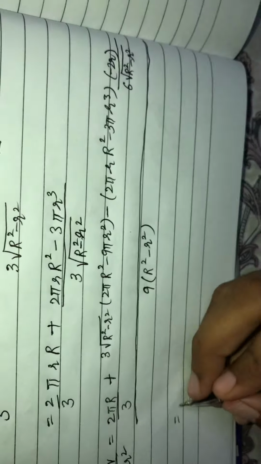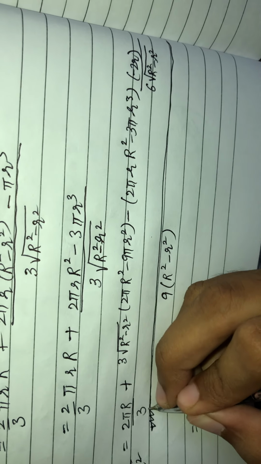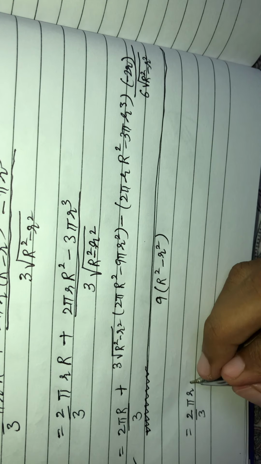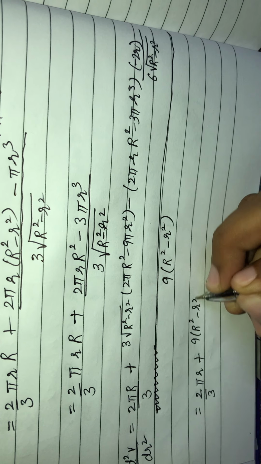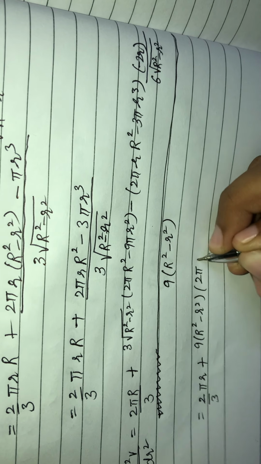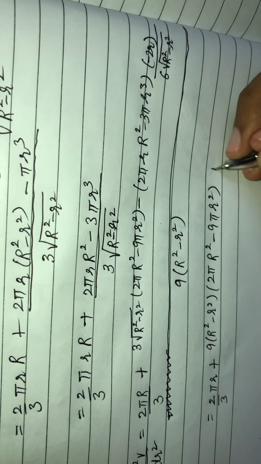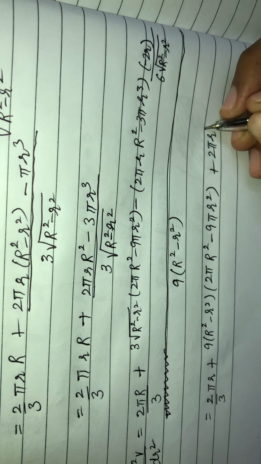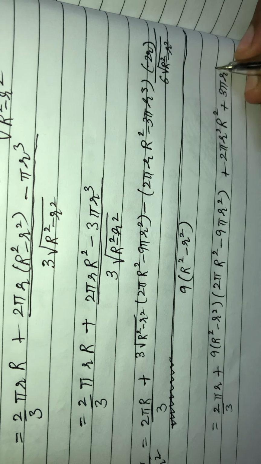So finally I am getting 2 by 3 pi R individually, plus 9 R square minus r square, 2 pi R square minus 9 pi r square, plus 2 pi R square plus 3 pi r4.